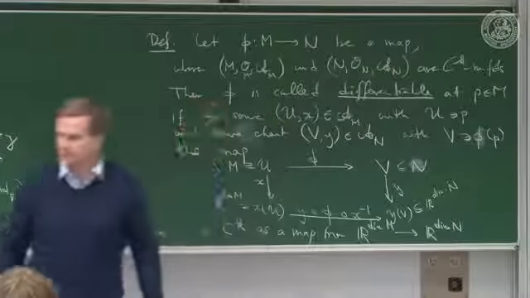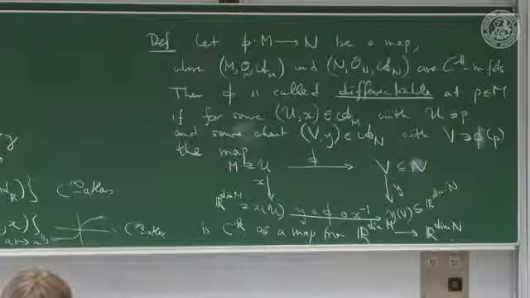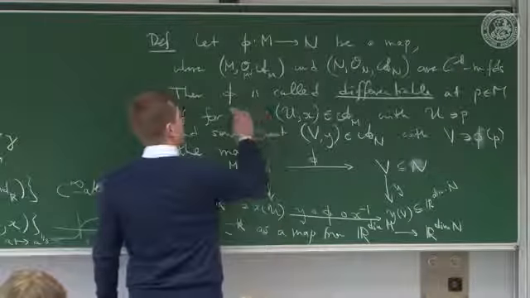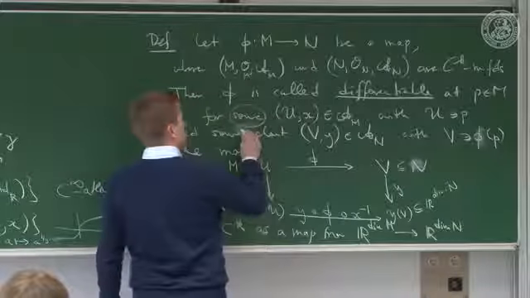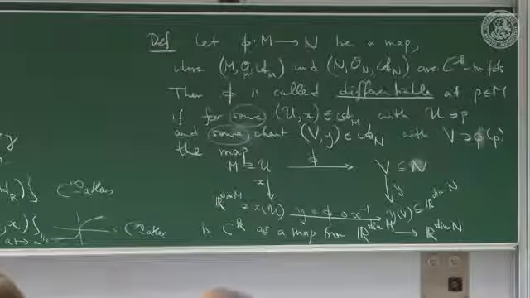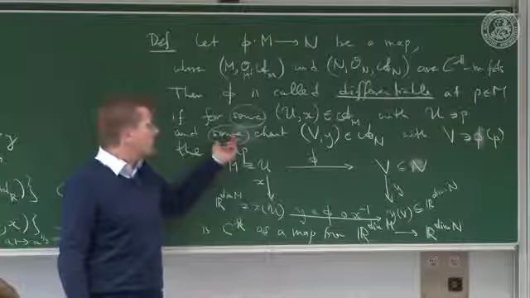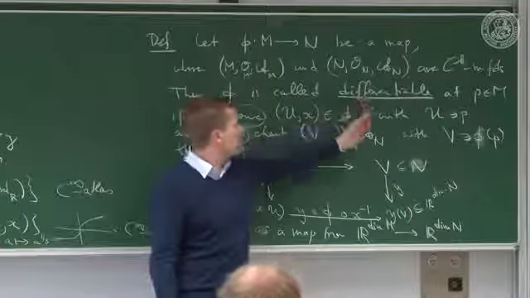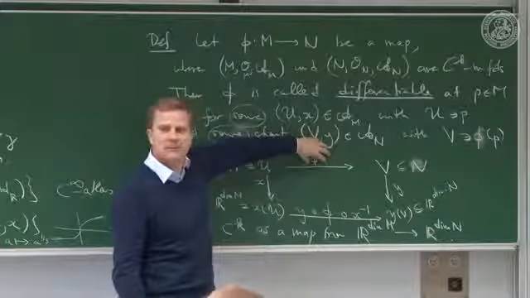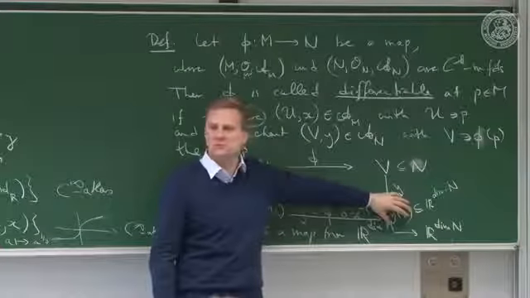of that map. Now that sounds all very good, but here I wrote "if for some chart here and some chart in the target, this is true." Now, we need to worry about whether this notion of differentiability of the map up here depends on what charts I have chosen.